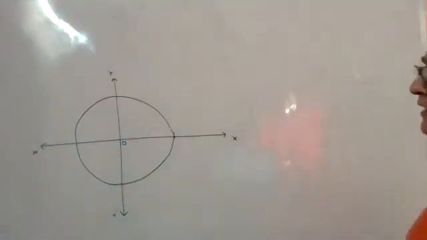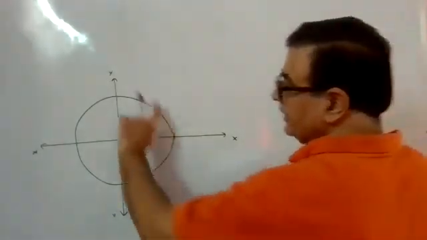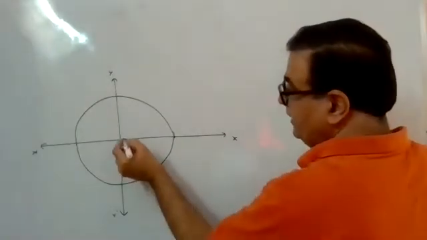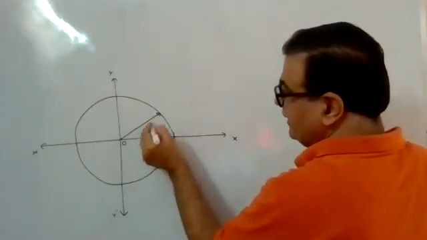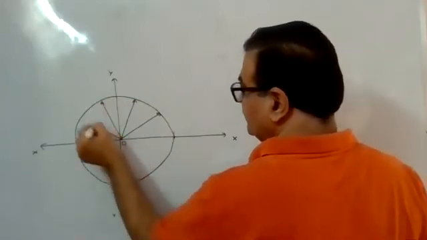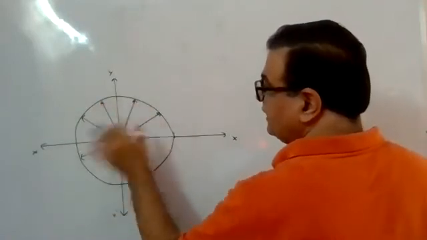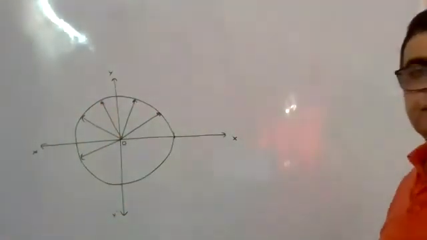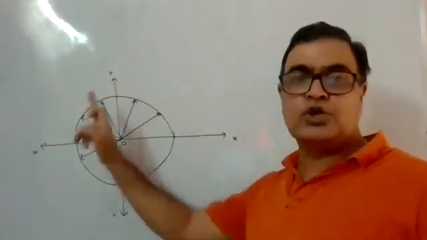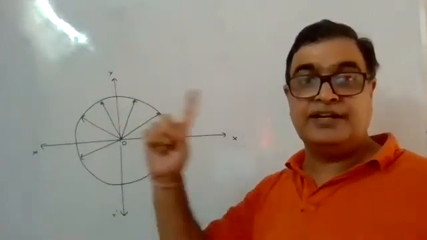Whatever vector you take, every vector will have the magnitude 1. Origin to any point on the circle you joined will give a unit vector, because this is a circle with radius 1.